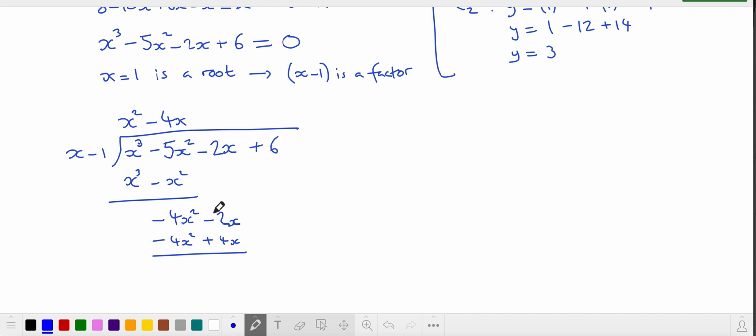I'm going to take away, minus 2 take away 4 is minus 6x plus 6. Divide by x gives us minus 6. Multiply back through, minus 6x plus 6. There is no remainder.